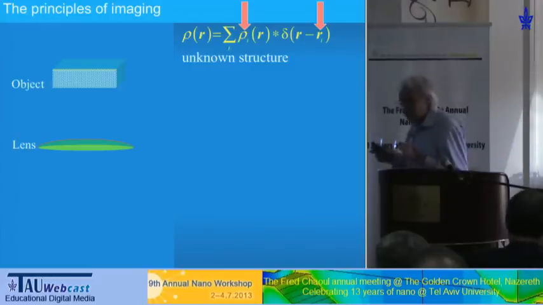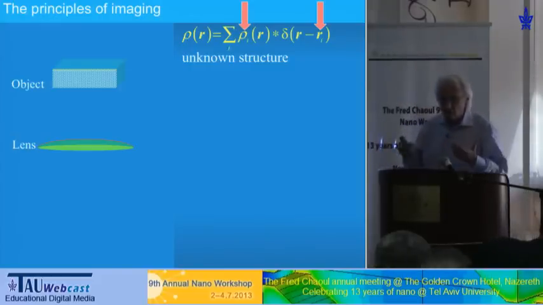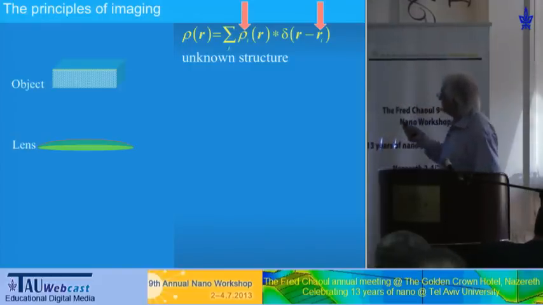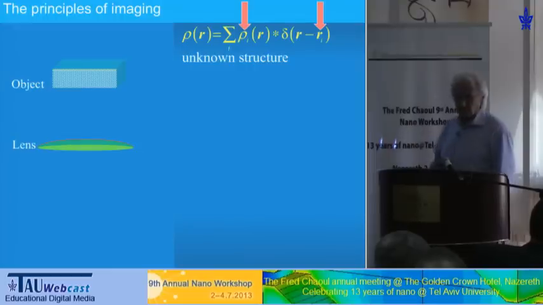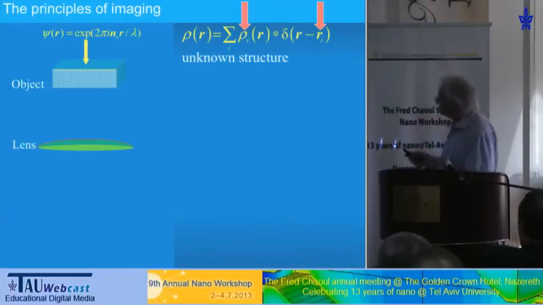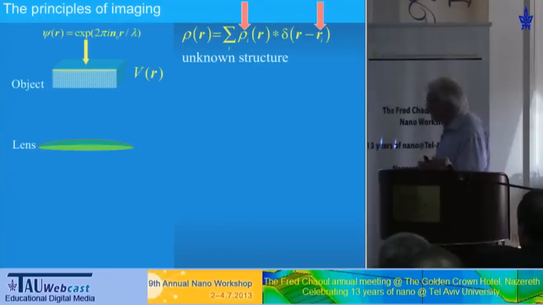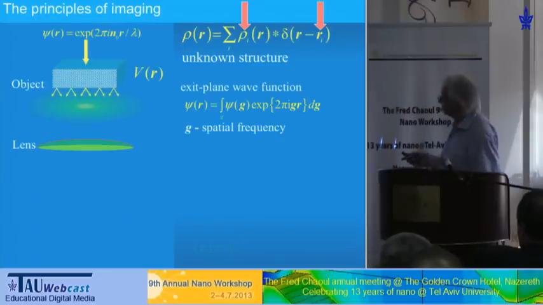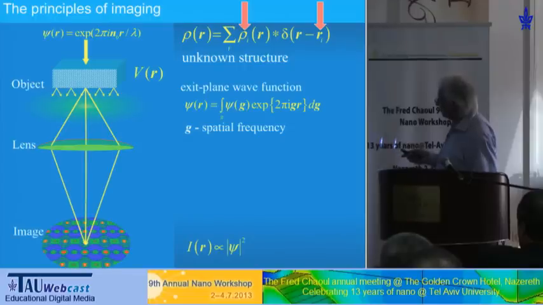And we also are interested to learn about the type of atom which is sitting in a particular position. And in order to do this, we employ an electron wave field. And while this electron wave field passes through the specimen, it interacts with the atomic scattering potential V(r).